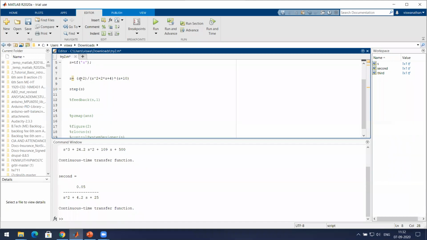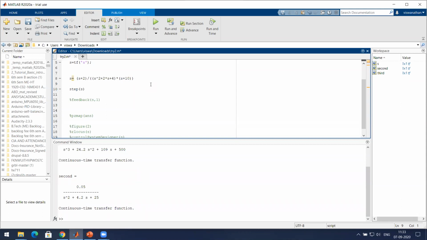Okay, so this is the transfer function. How many poles, how many zeros in this one? 3 poles and 1 zero, sir. 3 poles and 1 zero. Okay, fine.